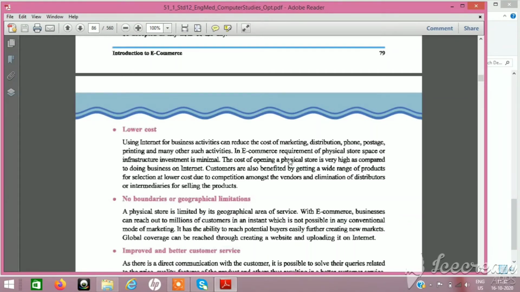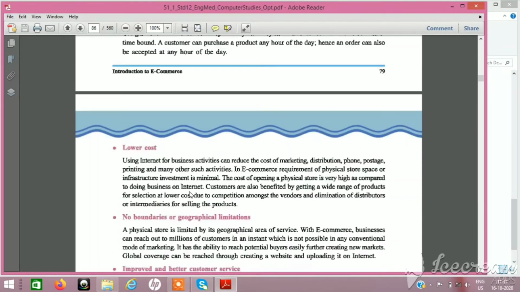The cost of opening a physical store is very high compared to doing business on the internet. Customers also benefit by getting a wide range of products for selection at lower cost, due to the competition among the vendors and elimination of distributors.